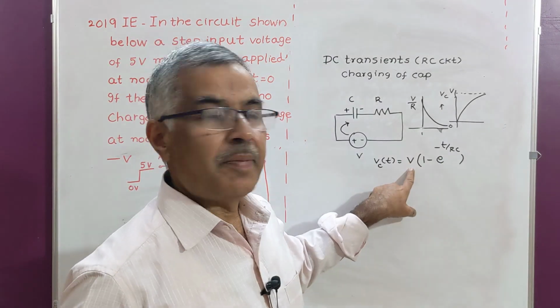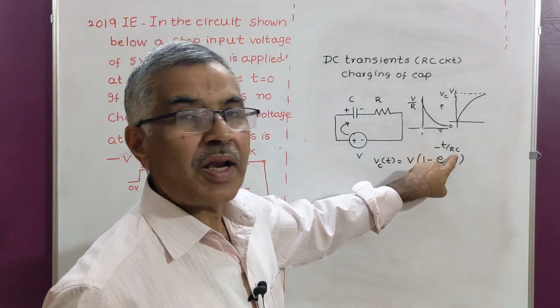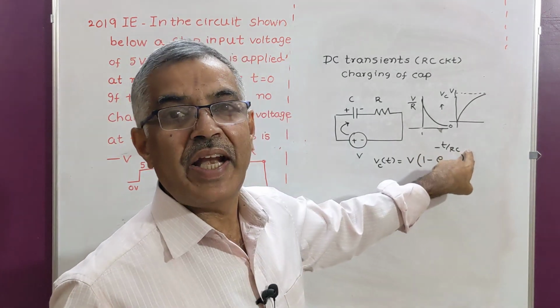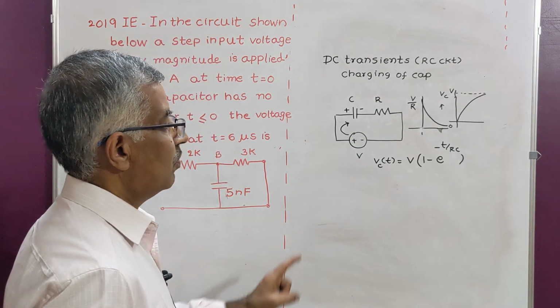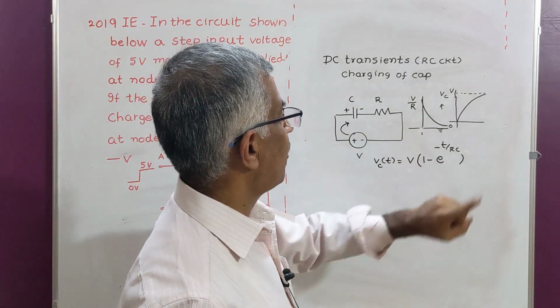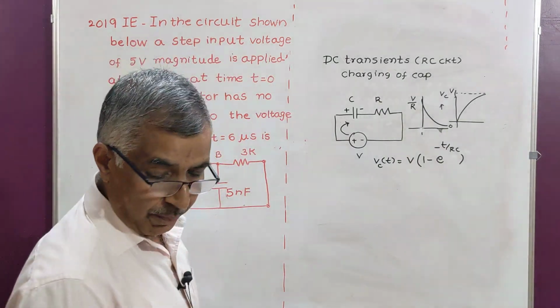V is the ultimate voltage, t means time in seconds, R means net resistance in the system, C means net capacitance in the system. So Vc of t is equal to V into 1 minus e to the power of minus t by RC. I will make use of this equation in this problem.